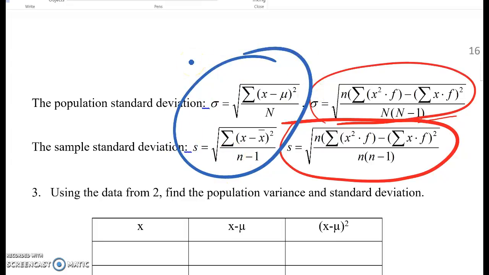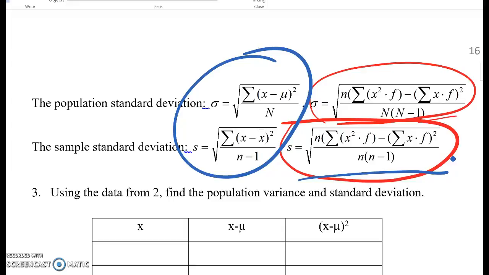However, that formula takes more space and more time. But this one, even though it looks more complicated, we can calculate in a short amount of time. Therefore, nowadays, we find the standard deviation using this formula.